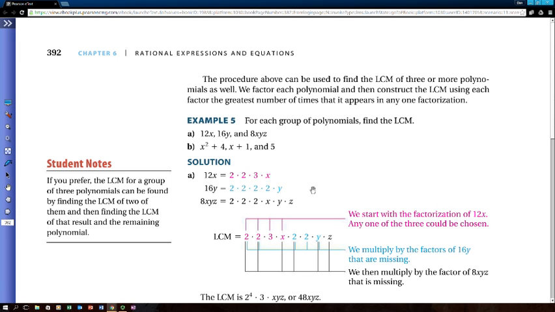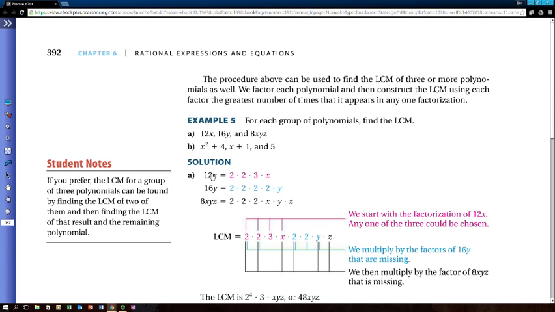Well, example 5 is, hey, this works not just for two things. We could have three things, and you've got to remember that the common ones are represented for each line that comes off of each number right here. So they kind of color coded this.